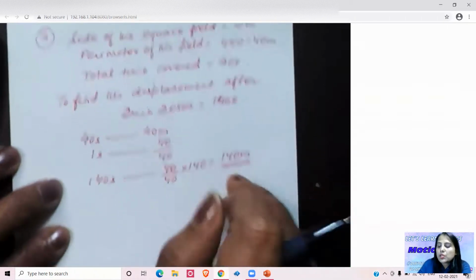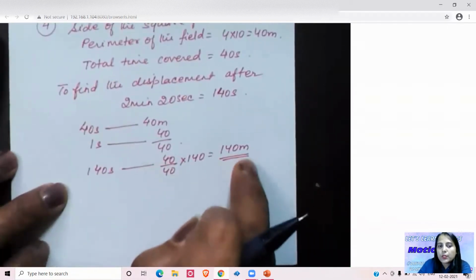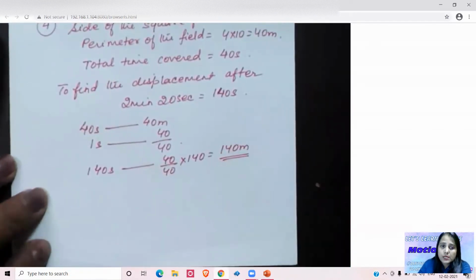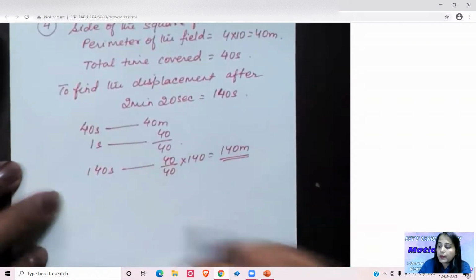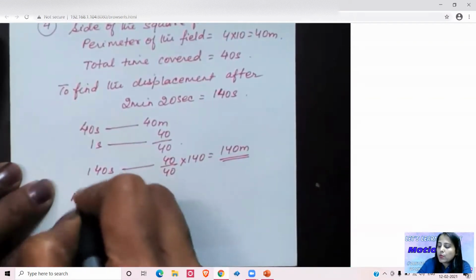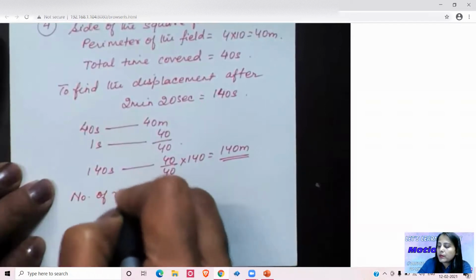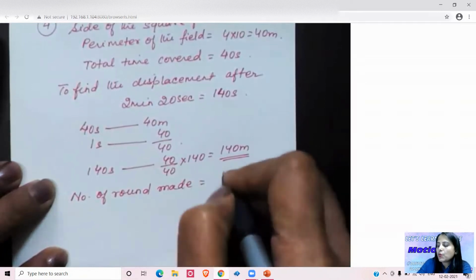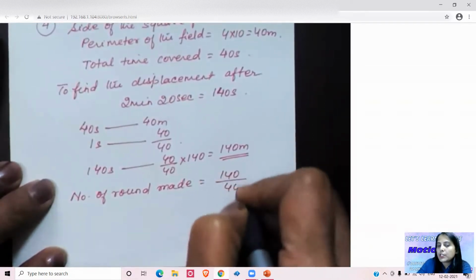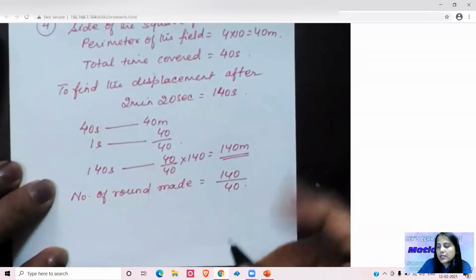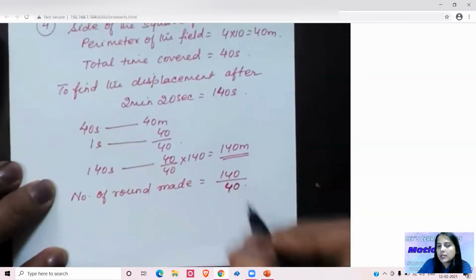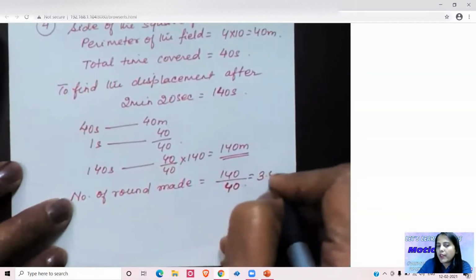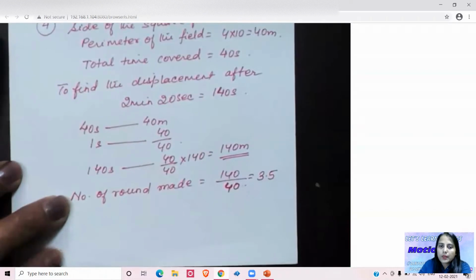Clear? Now from this 140 meter, we will calculate the number of rounds the farmer can make. So the number of rounds made by the farmer is 140 divided by 40, because a single perimeter is 40. 140 divided by 40 is 3.5 rounds one will make.